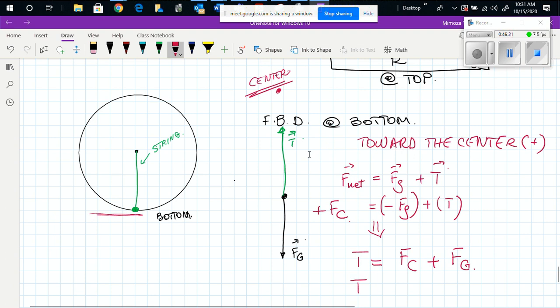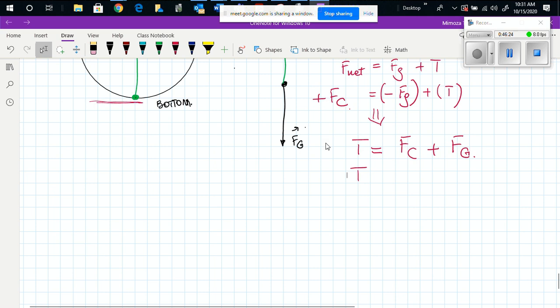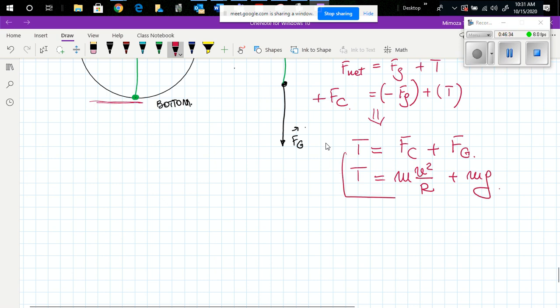Or if we substitute the centripetal force as mass velocity squared over r and force of gravity as mass times acceleration due to gravity, you will have a different formula when the object is at the bottom of the circle. You probably have experienced this, and if you haven't paid attention, please grab a string, tie an object at one end of the string, and rotate it.